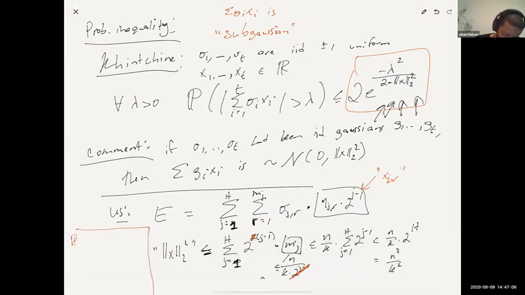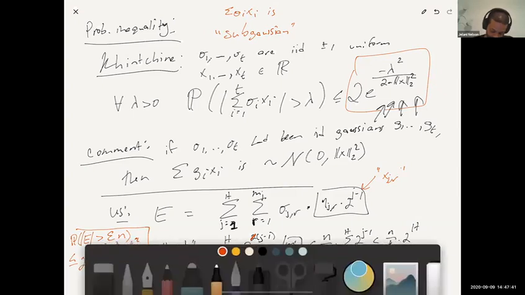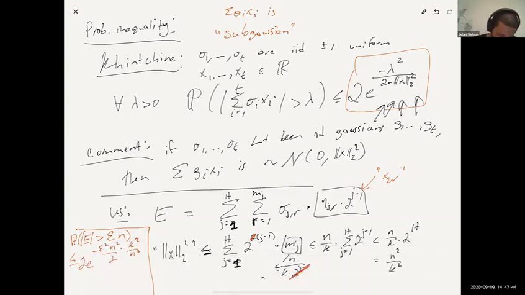So the probability that our error is bigger than what we want the bound to be, epsilon times n, is at most 2e to the minus epsilon squared n squared times k squared over n squared, and there's an over 2 here, right? Because we get to divide by the L2 norm of x squared. So we get to divide by n squared over k squared. So n squared cancels, and we basically just have this k squared.